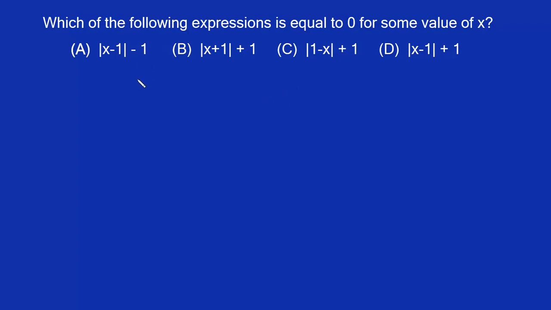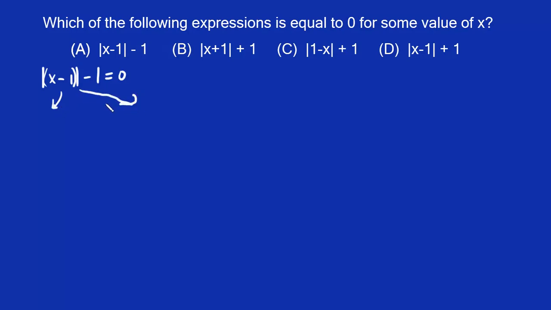I'll just set one of these expressions equal to 0. We'll just pick A. So let's say the absolute value of x minus 1 is equal to 0. When we have absolute value problems, what I like to do is take whatever's inside, put parentheses, and make 2 separate equations.